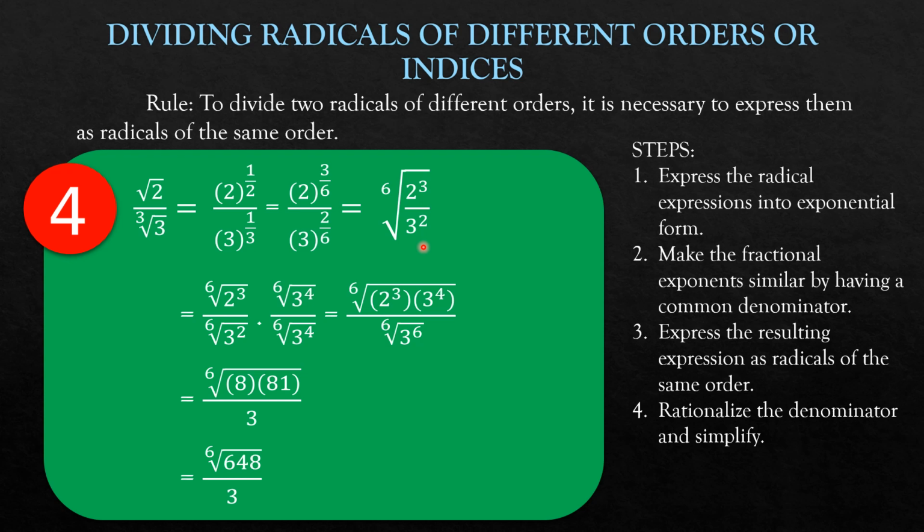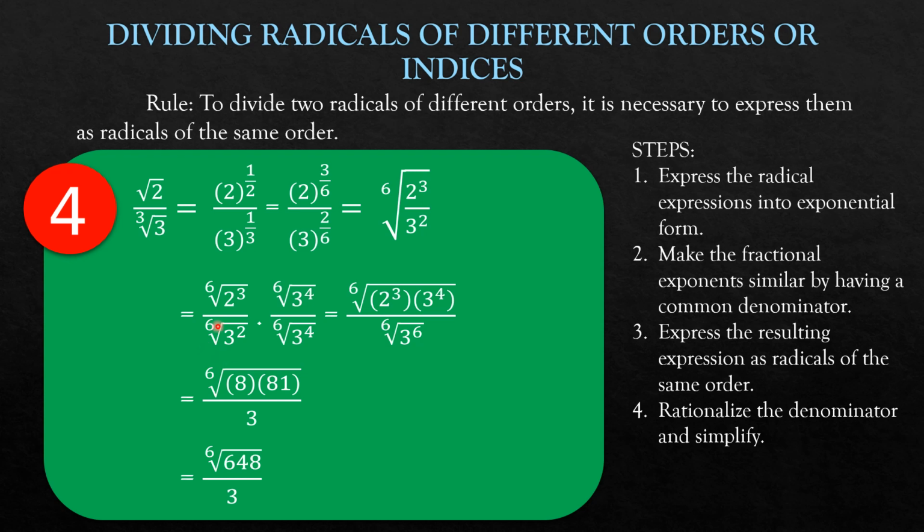And then, syempre, kailangan mag-rationalize tayo ng denominator para masimplify natin siya. So, 6 root of 2 cubed over 3 squared is the same as 6 root of 2 cubed over 6 root of 3 squared.